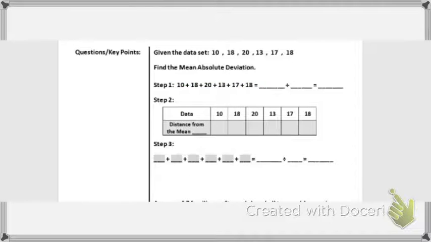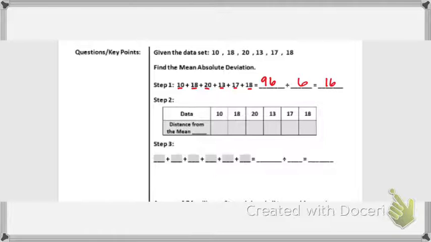So we're going to add 10 plus 18 plus 20 plus 13 plus 17 plus 18. We get 96. Okay. When we find the mean, we add all the numbers and then we divide by how many there are. There are 1, 2, 3, 4, 5, 6 numbers, so we're going to divide by 6, and we get 16.